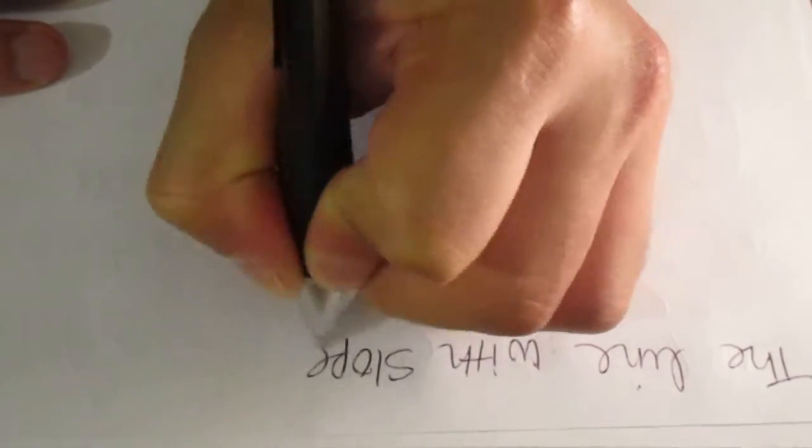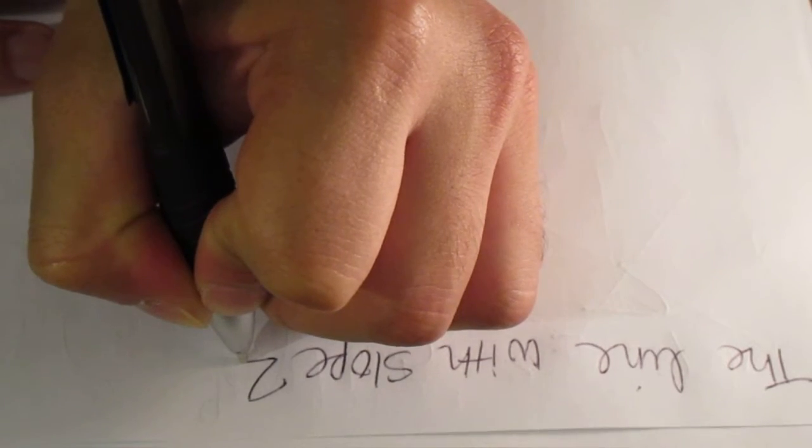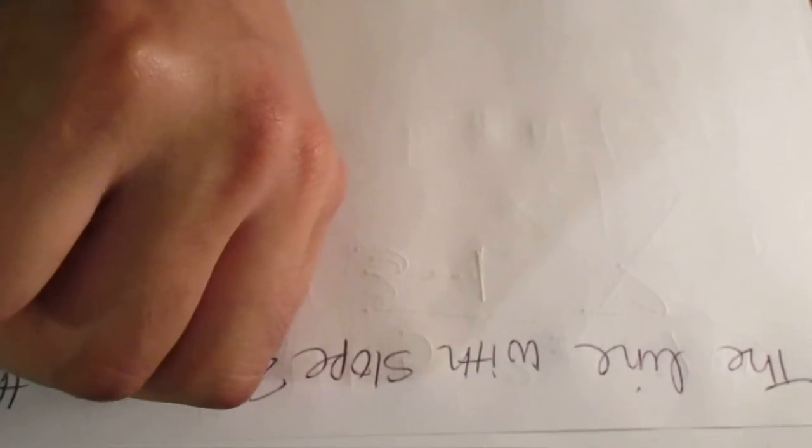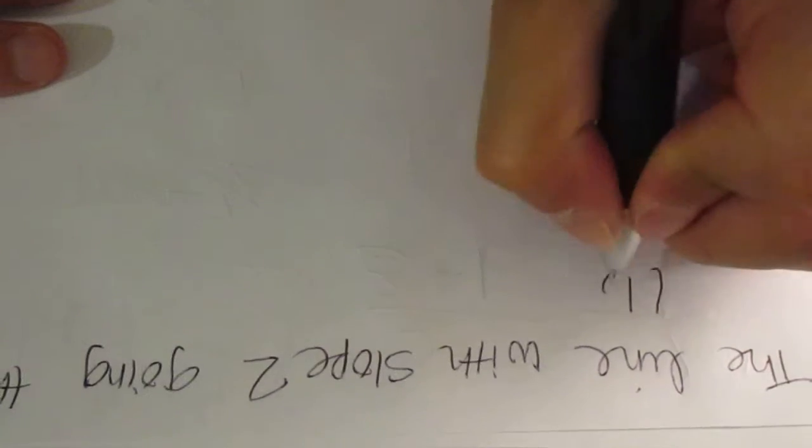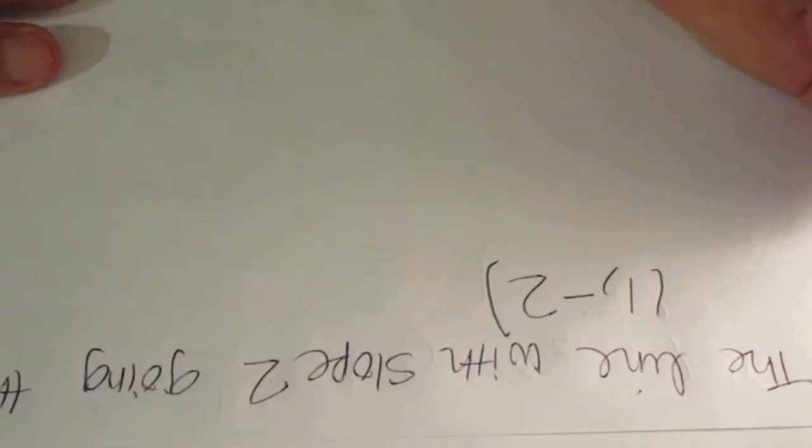Okay, what about how about we want to find an equation of the line with a slope of 2 going through 1, -2.